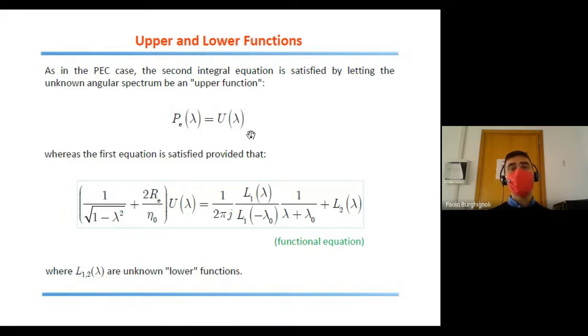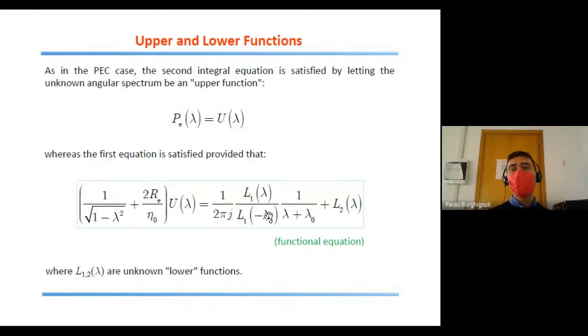The first equation will be satisfied, by the residue theorem, provided that the function U multiplied by this bracket can be cast in this form, where you can see there is a pole singularity when lambda is equal to minus lambda 0, and that comes from this term here.